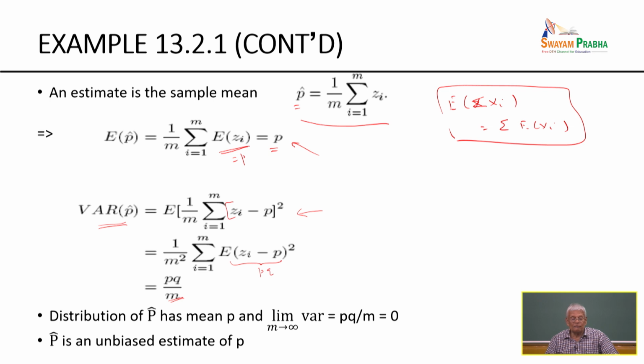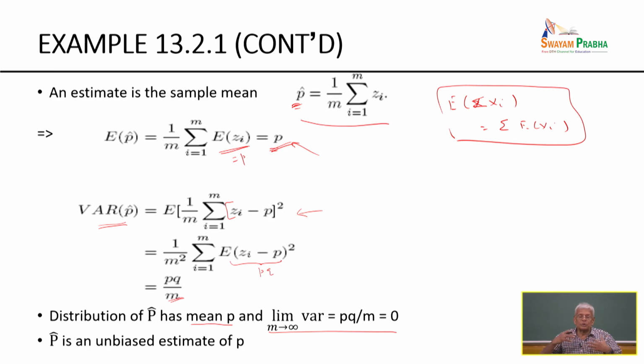Look at that. The mean remains constant, but the variance is inversely proportional to the number of samples. Therefore, the sampling distribution of P hat, you remember the sampling distribution we talked about, has a mean equal to P, and the variance tends to 0 as m tends to infinity.